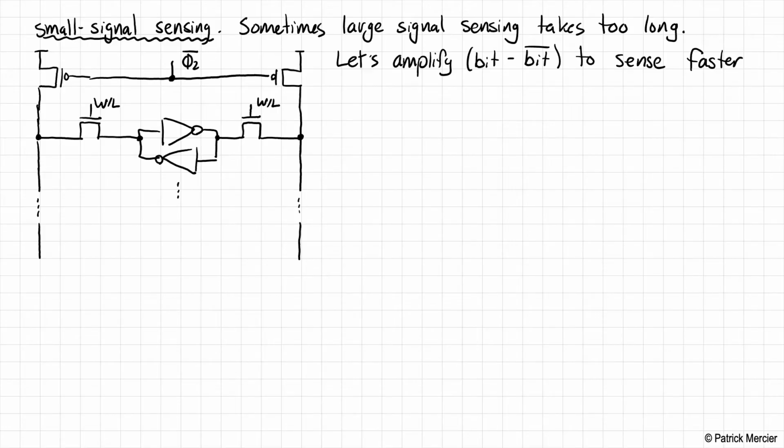Okay, so the basic idea here is let's build the beginnings of a differential amplifier. So we'll use a differential pair. And yes, I know that this is a digital design class, but as part of digital design, we do have to have a little bit of knowledge of analog design.